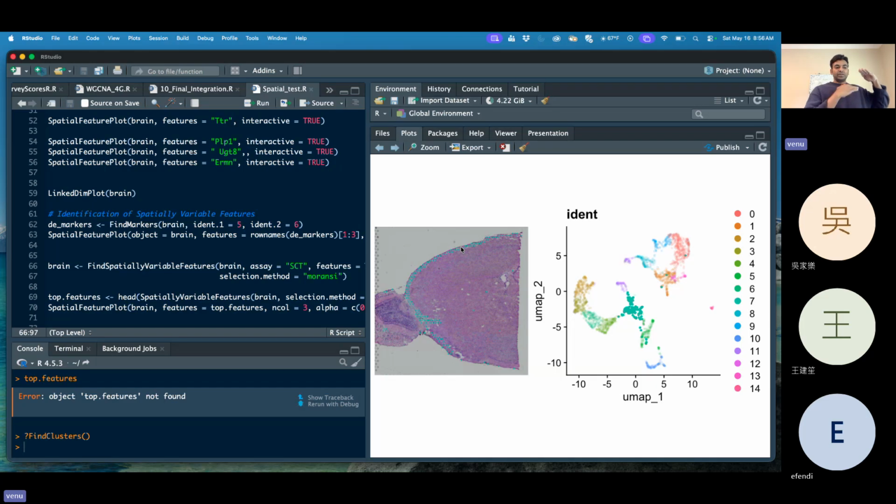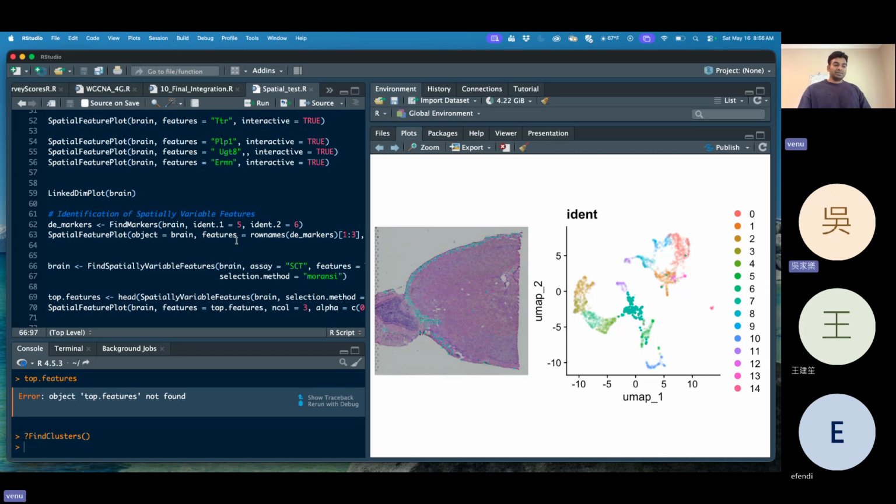The first layer is epithelial cells that make up the groups. The second layer may have fibroblasts or other kinds of cells, so they are mixed up and spatially arranged. One region is associated with epithelial cells and fibroblasts. The cell interaction part will come once we have the deconvolution information.